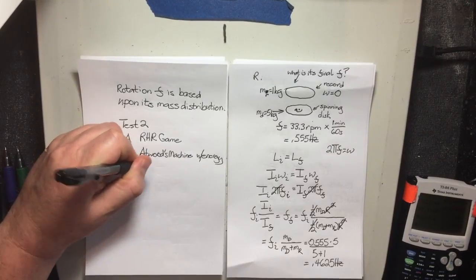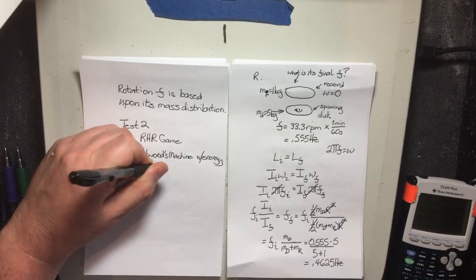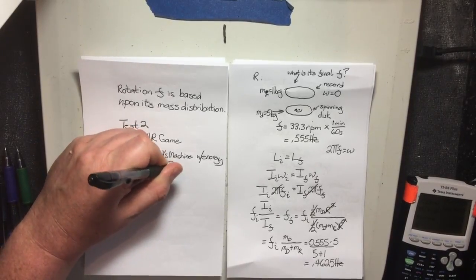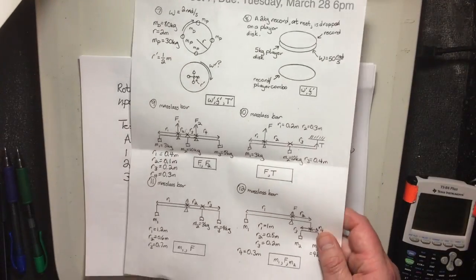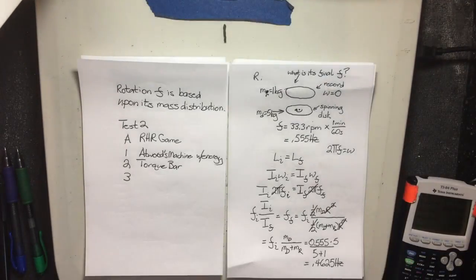2, torque bar. Basically similar to the last 4 problems on problem set 7. Very similar to what you guys did in lab this week. And then, torque was this week.